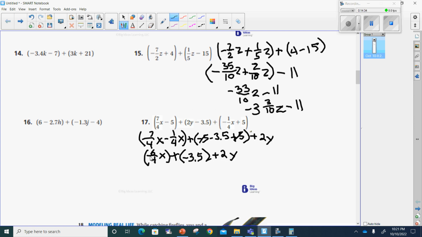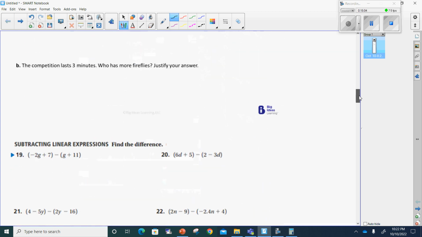I can change this to 1 and 1/2 x, and then put plus 2y, and then minus 3.5.